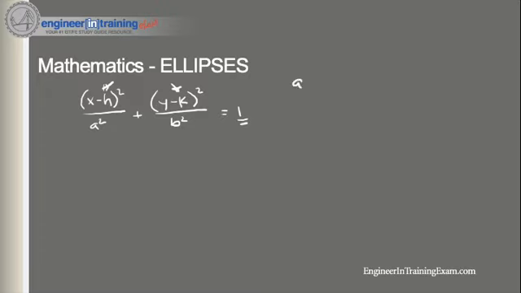Now a is the square root of the term that is below the x term in the general form equation, and a is the distance that the ellipse moves from the center, right and left.